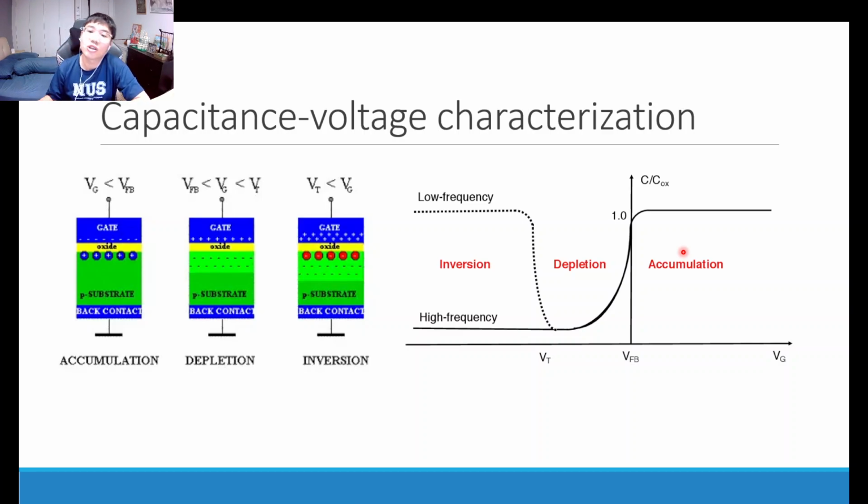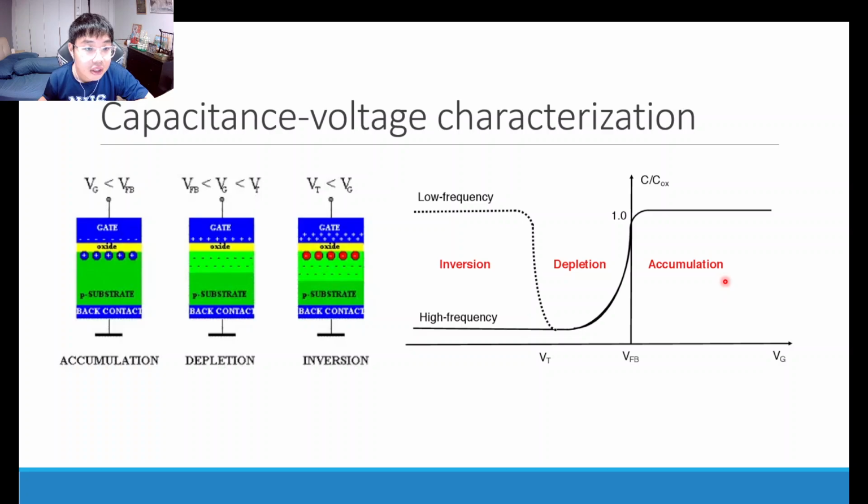So initially in the accumulation region, where the gate voltage is above the flat band voltage, or you can think of it as, in this case, a P substrate. So, wait, let me take a look at this.